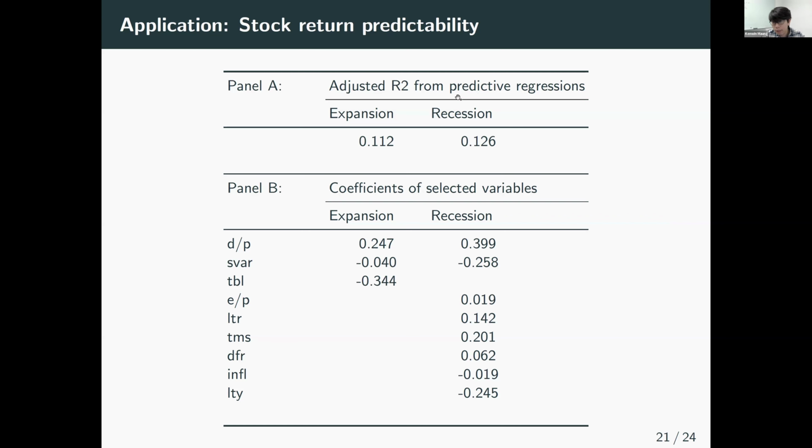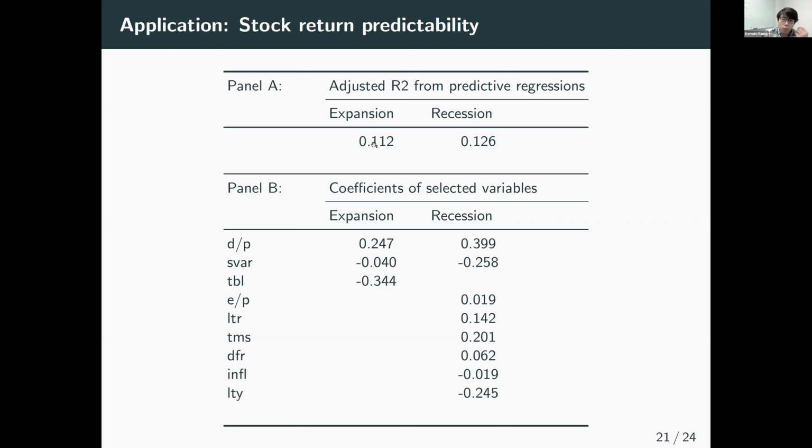And by the way, predictability over here is in-sample predictability. The R squared for expansion is slightly lower than for recession, but what they found in the original paper is that the R squared for the expansion is much lower, like 0.05 or something like that. But for me, I do find a slightly higher value compared to them.